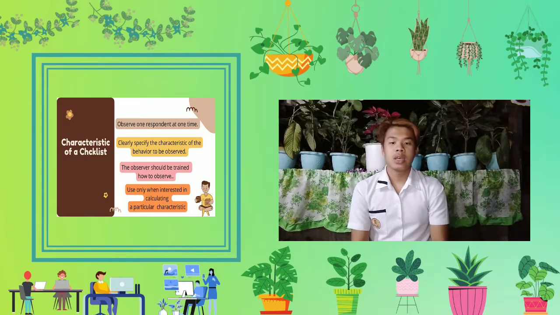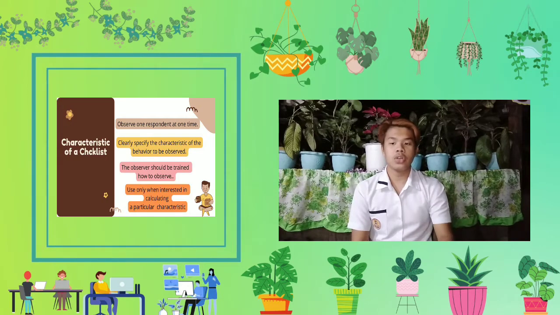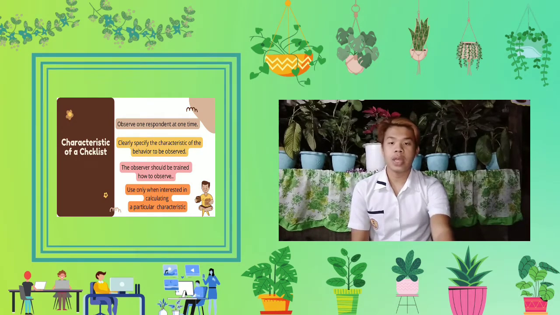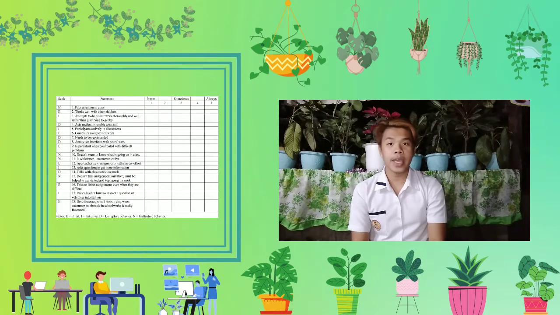And the last one is used only when interested in calculating a particular characteristic. So you need to know what you are checking on the checklist. It should be clear what you are observing or the results that you may see on the learners that you are observing. And here is the example of a checklist.